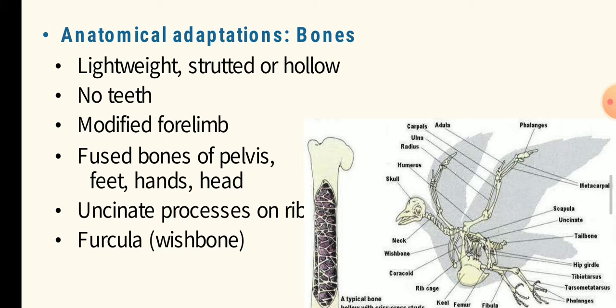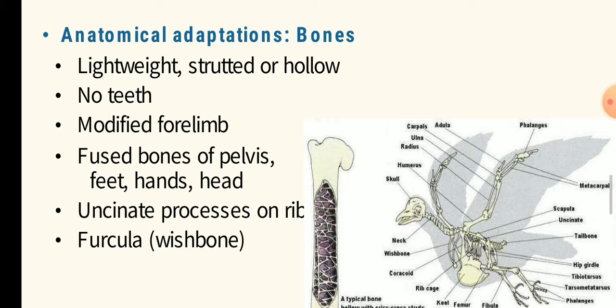The last modification in the skeleton is the forelimb, which is completely modified for the attachment of the feathers, remiges, and the flight muscles, and there are only 3 digits which are more or less fused. So these are the different modifications that have taken place in the endoskeleton.